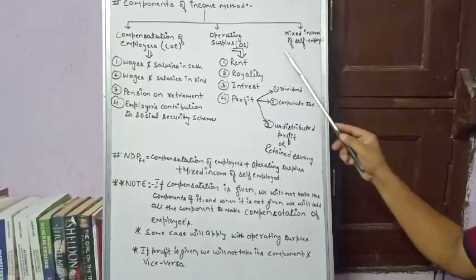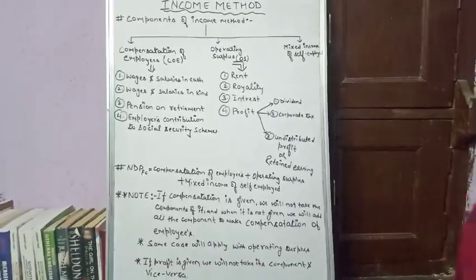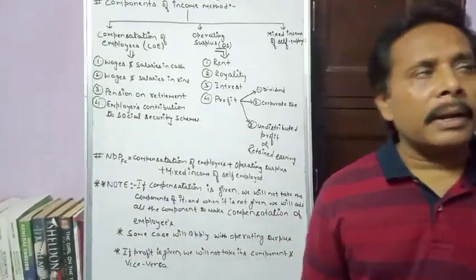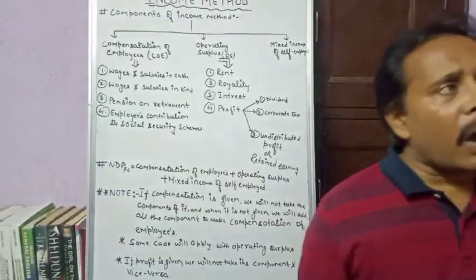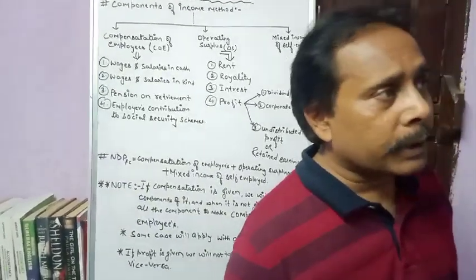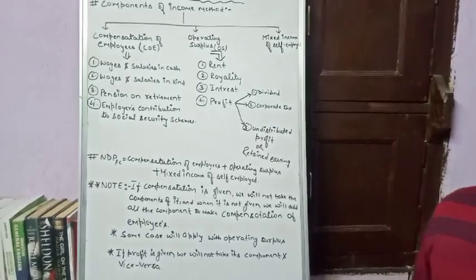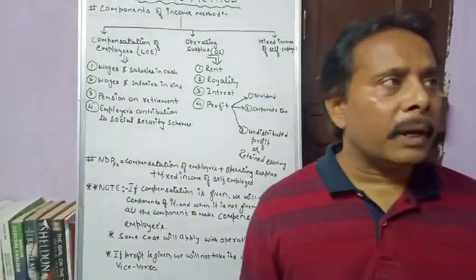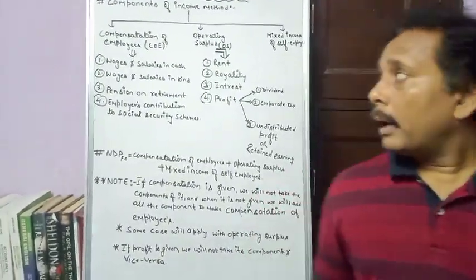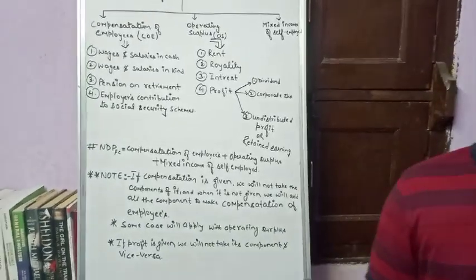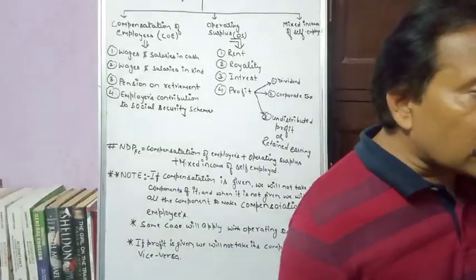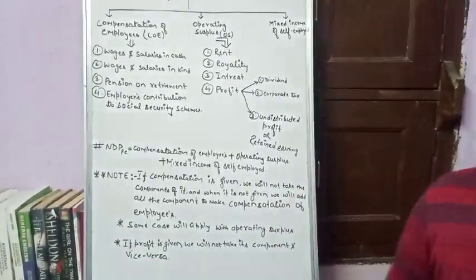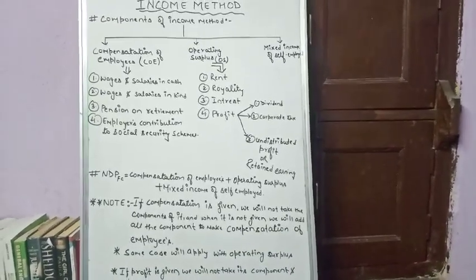Here is the mixed income of self-employed. In this economy, there are a number of people who are employed individually, for example the carpenter, the barbers, the retailers, and so on. They also generate their income by providing their own services.